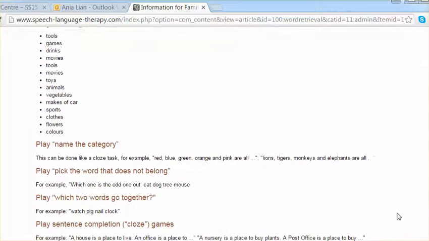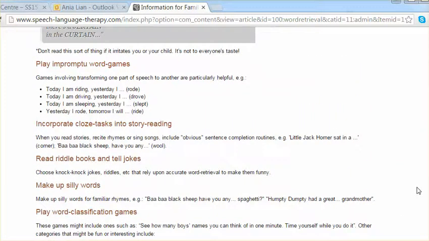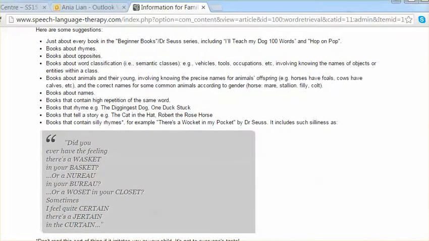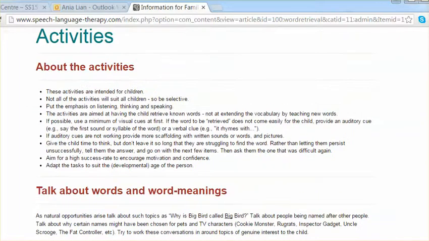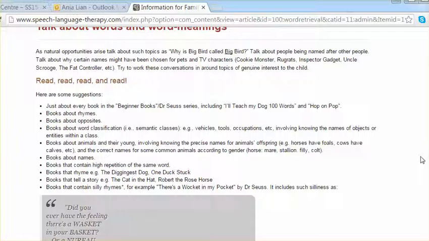But what they do here is, okay, so what you will see, so they say here, for example, use Dr. Seuss series, or use some sort of particular text, use books with rhymes and books that are about opposites, right? Books about word classifications, books about animals. What does this say to you?